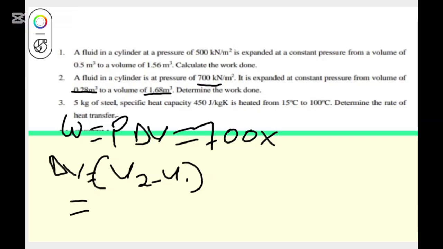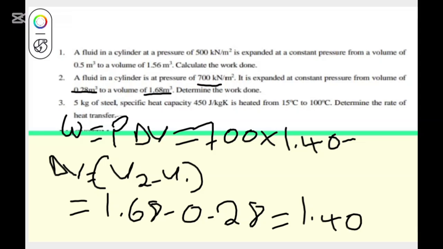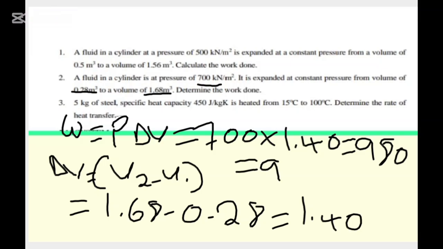So the value of V2, which is 1.68, minus 0.28, automatically equals 1.40. So multiply by 1.40, and it will give us 980.